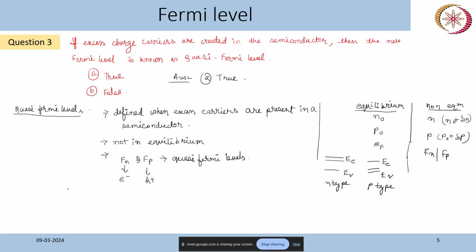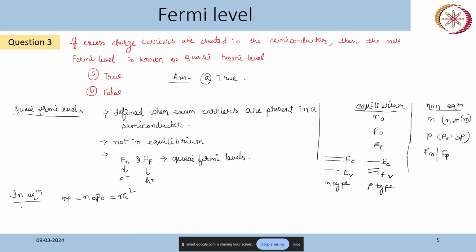What other difference is there when excess carriers are present and when there are none? In equilibrium, we can use the mass action law, that is, n times p equals n naught p naught, which is equal to Ni square, where Ni is the intrinsic carrier concentration.